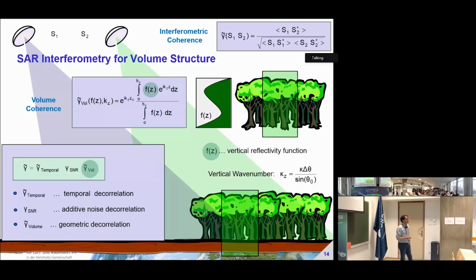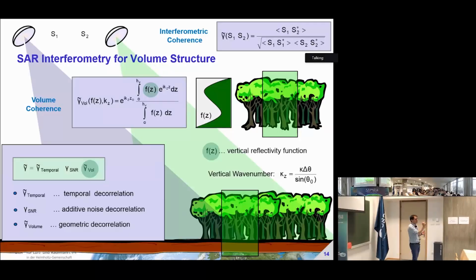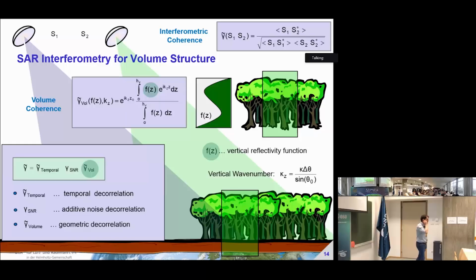So if your kappa zeta is very large, a change in height gives you a large change in phase. If your kappa zeta is small, a small change of height gives you a small change in phase. So it tells you basically how sensitive your interferometer is to changes of height. You see, it appears in this integral, and it's a fundamental component in all these polarimetric interferometric inversions.